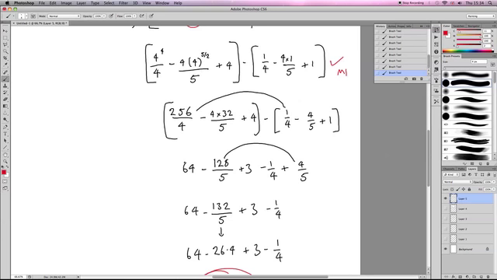Alright, I'm going to plug all of this into the calculator instead of working it out by hand. So we got 4 to the power of 4 divided by 4 minus 4 times 4 to the power of, what is it, 5 over 2, and that's all over 5.